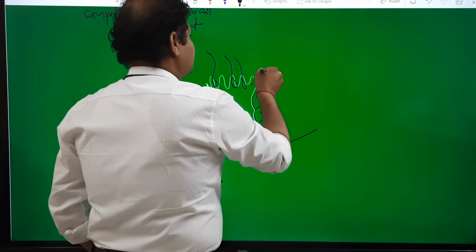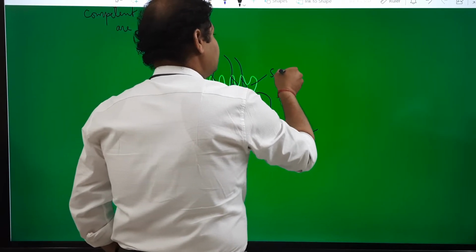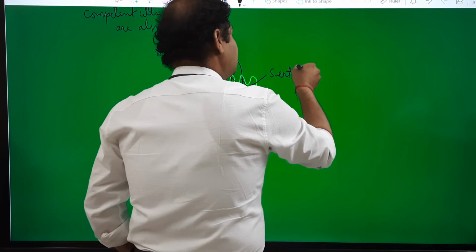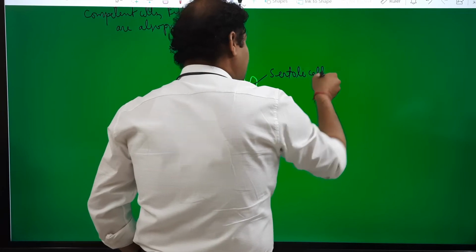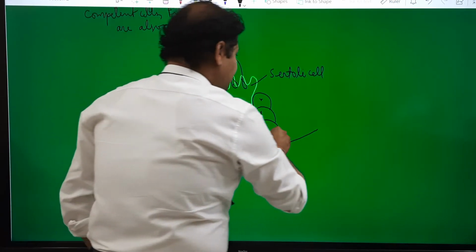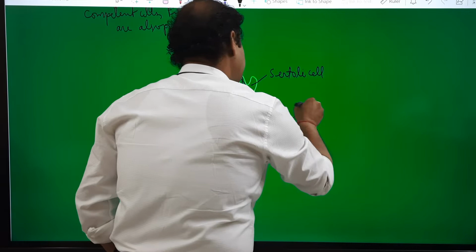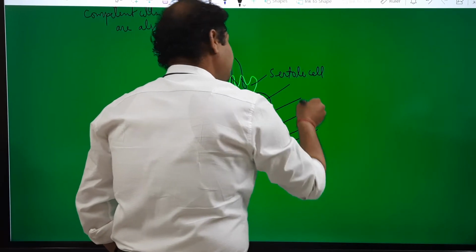This is the Sertoli cell. These are spermatogenic cells: first, second, third and fourth.